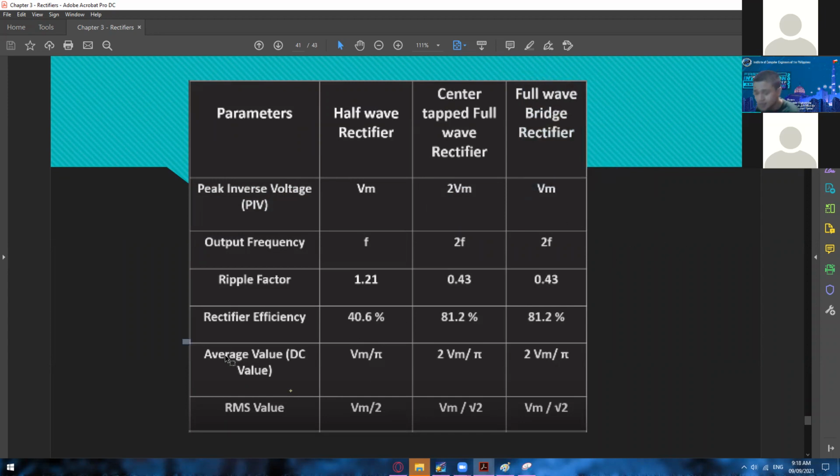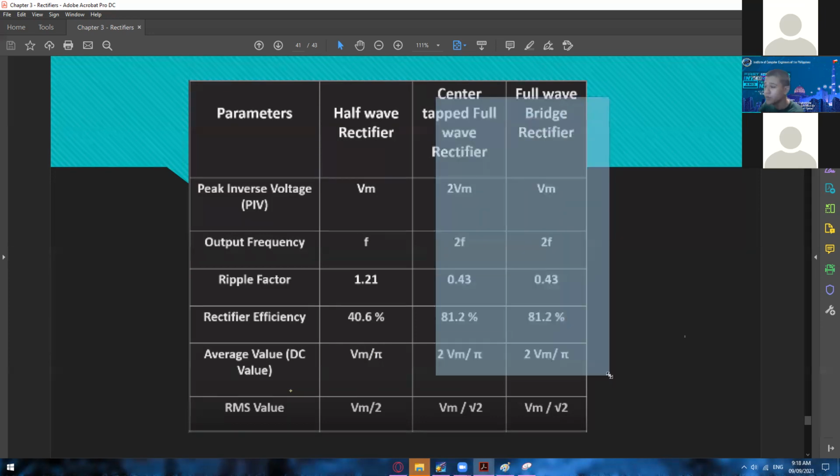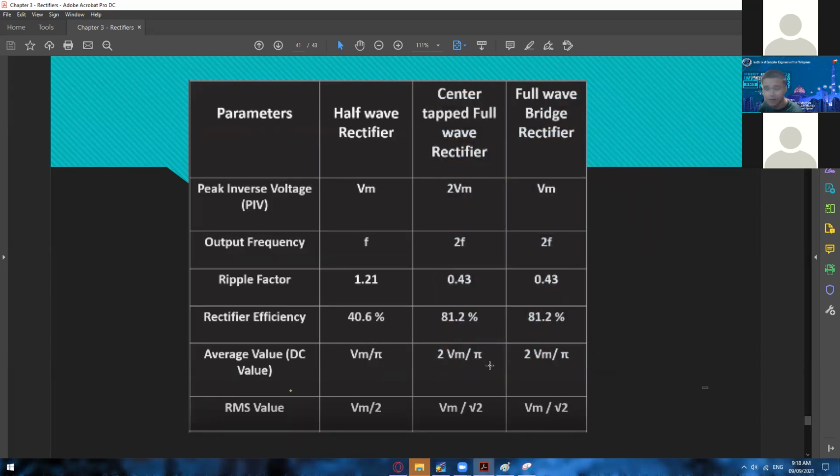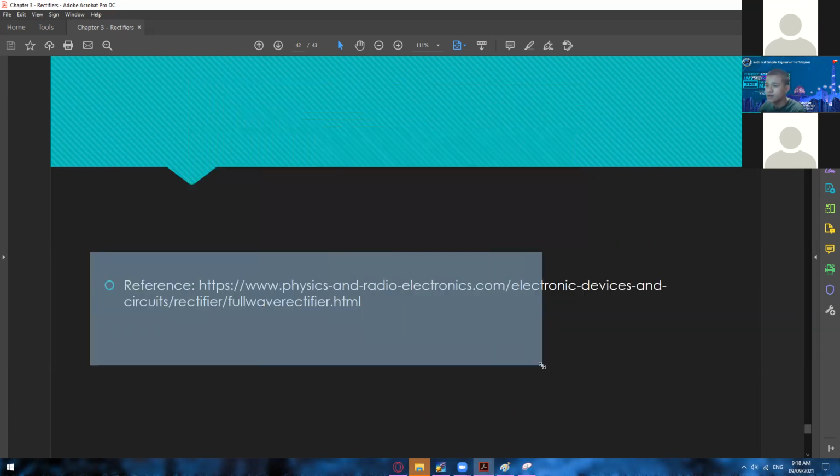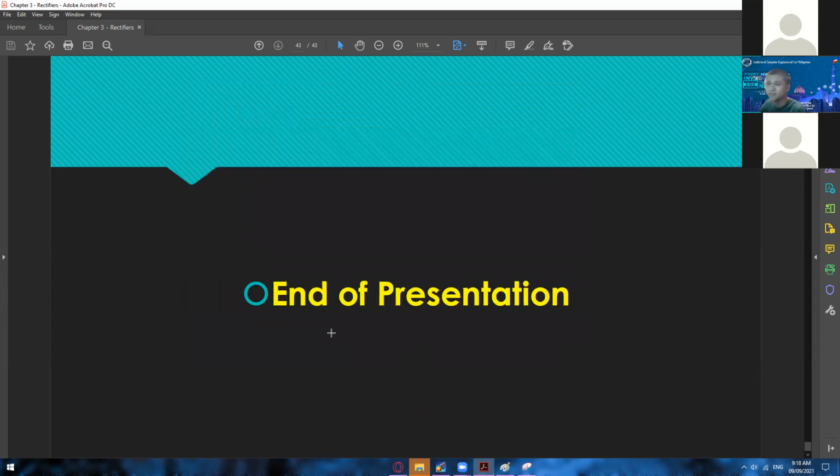The other one is the average DC. If you're wondering where we got that 0.318, it came from this formula. For the full wave, we have twice VM divided by pi, and for the half wave, we have VM divided by pi only.